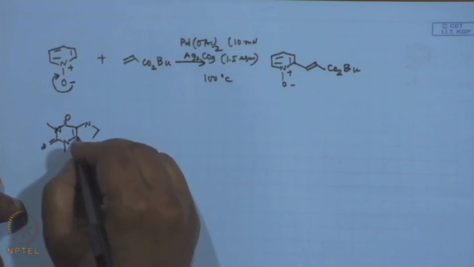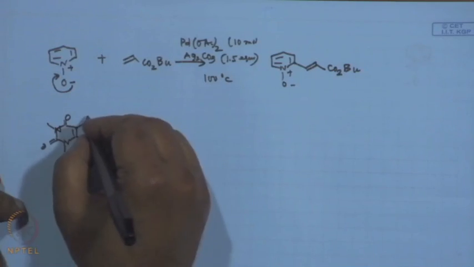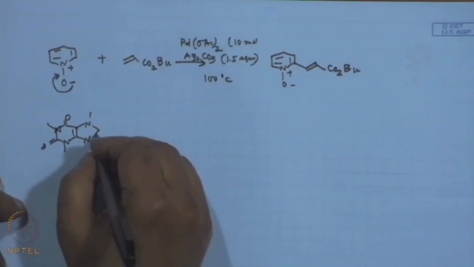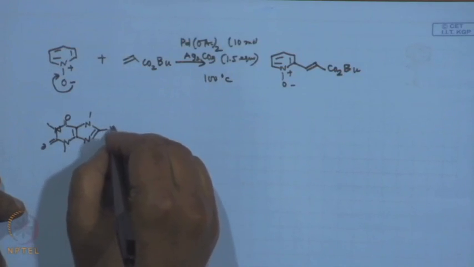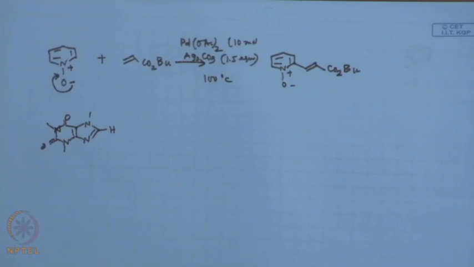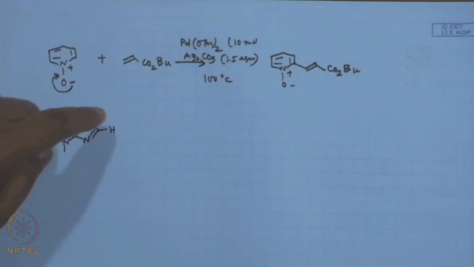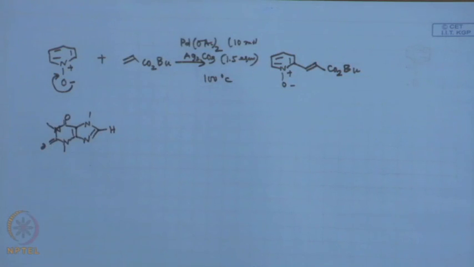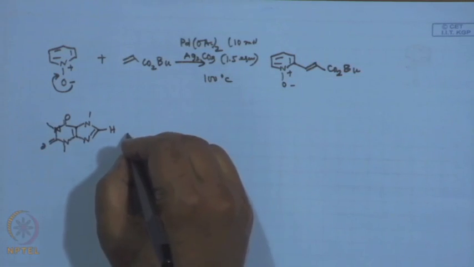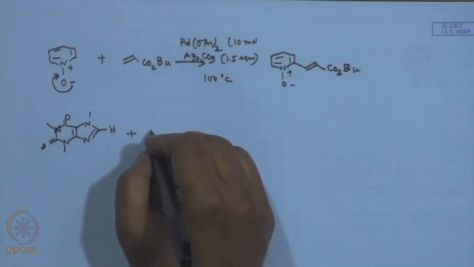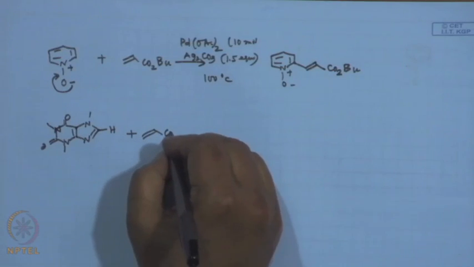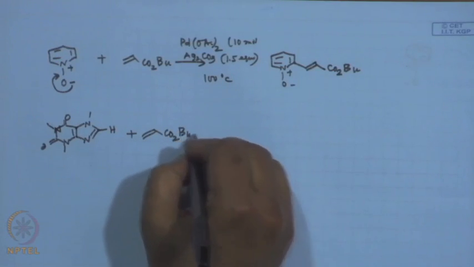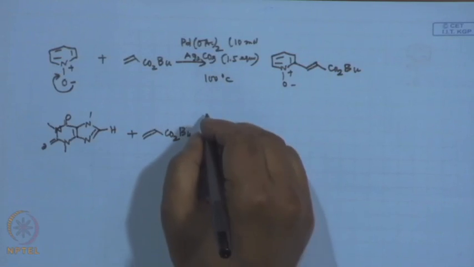All of us know the purine skeleton, and there is only one hydrogen functionalizable. Imidazoles are typically nucleophilic in nature, and then again acrylates, butyl acrylates, and PA, I write.